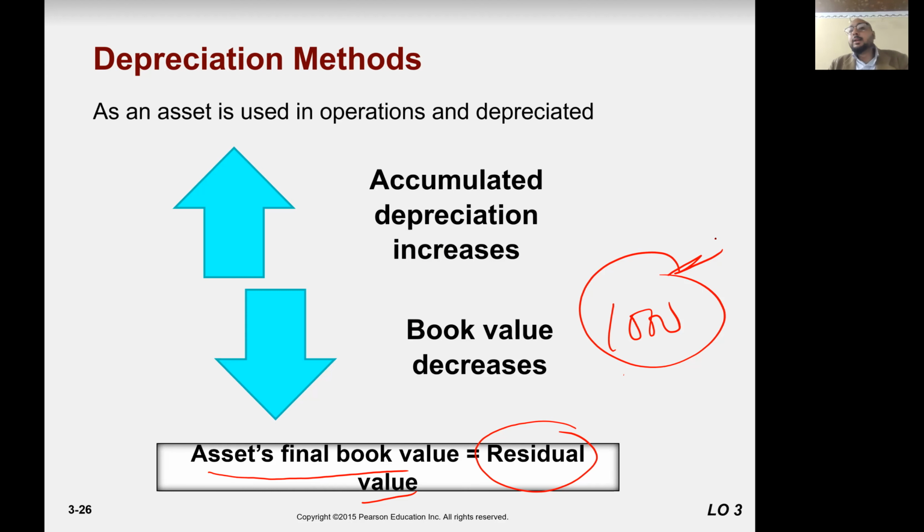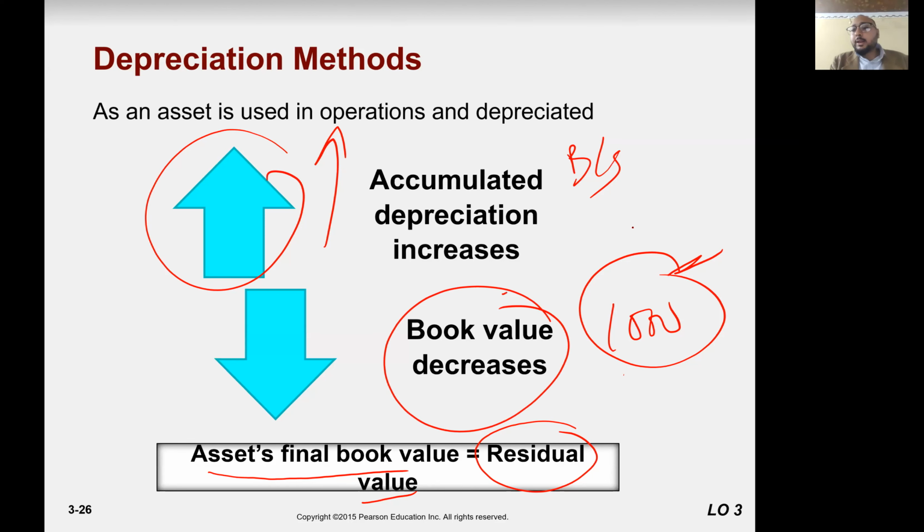All right. So from time to time, every year depreciation will go to income statement and accumulated depreciation will go to balance sheet. So every year accumulated depreciation will be increased until its depreciable value 40,000, not 41,000.